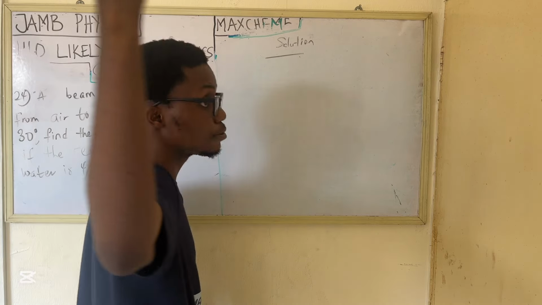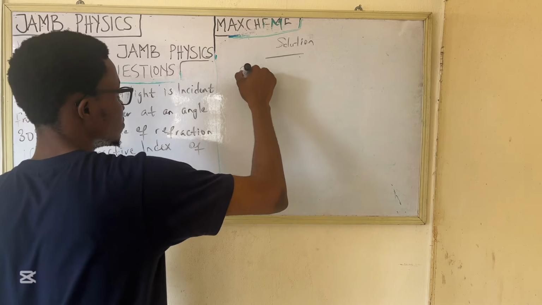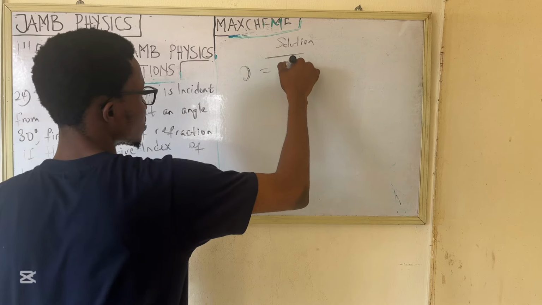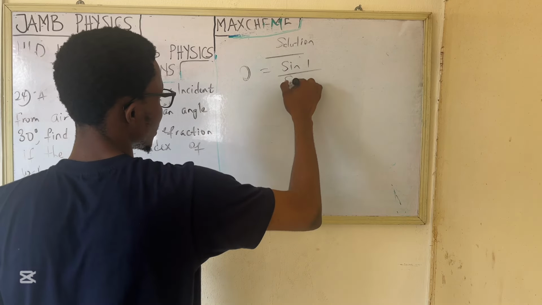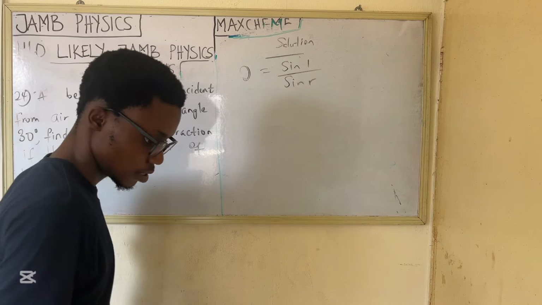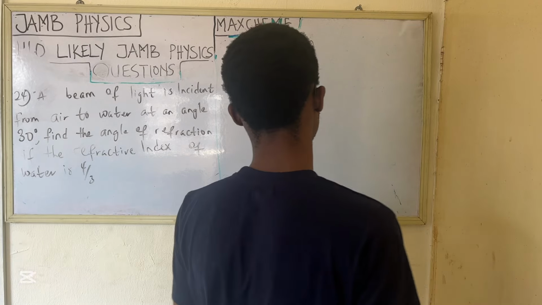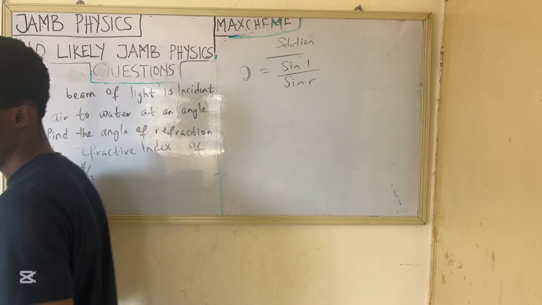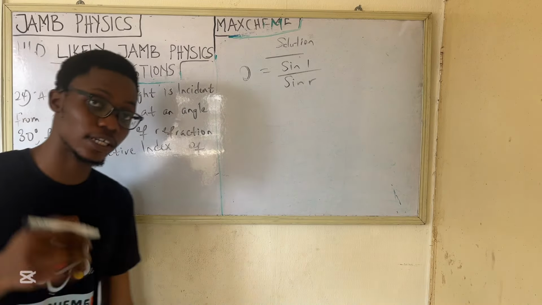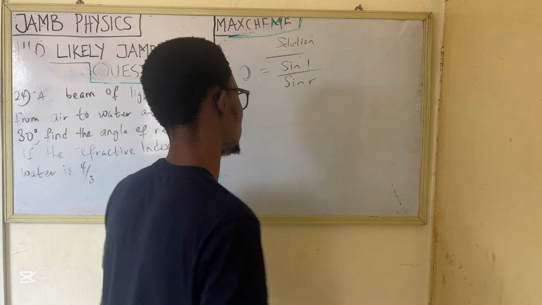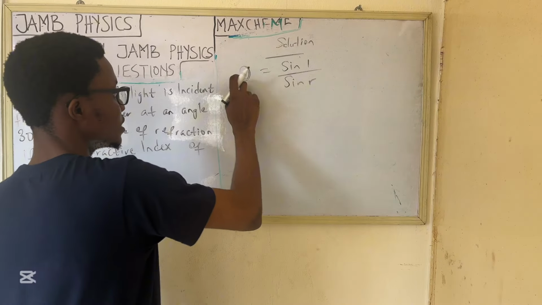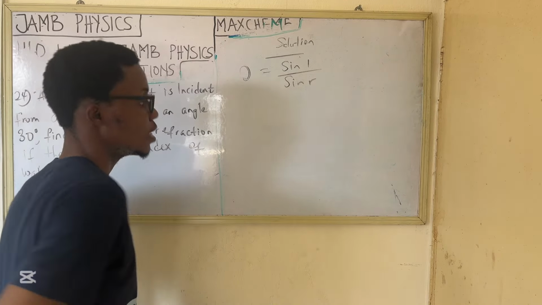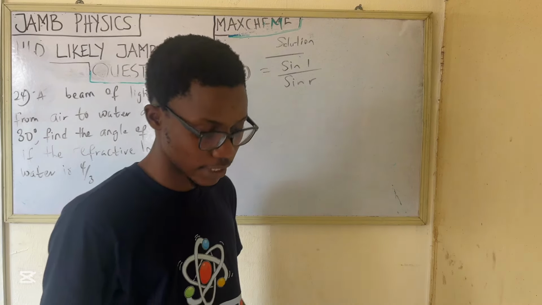You can remember from Snell's law that refractive index is equal to sine i over sine r. That is the sine of the angle of incidence over the sine of the angle of refraction.